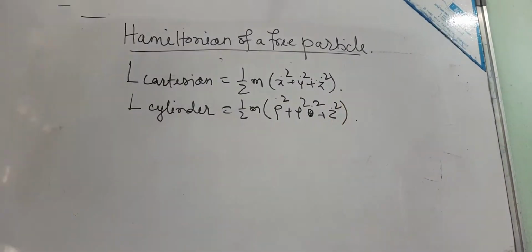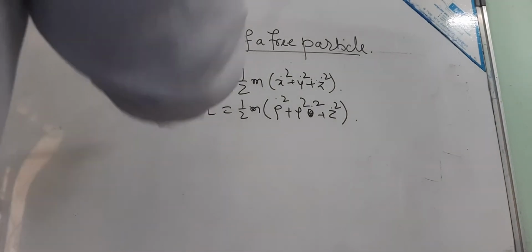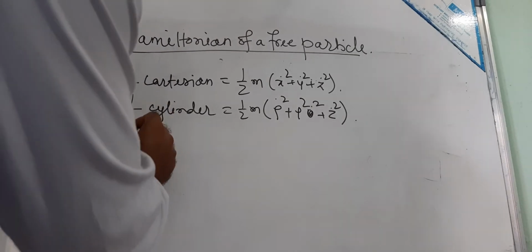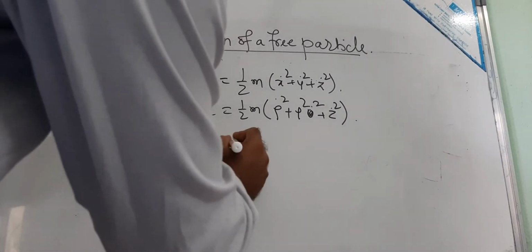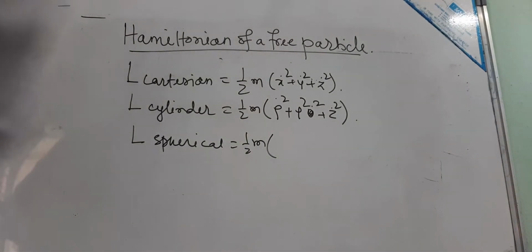Similarly, the Lagrangian in the spherical coordinate system, with r, theta and phi, is half m (r dot square plus r square theta dot square plus r square sin square theta phi dot square).